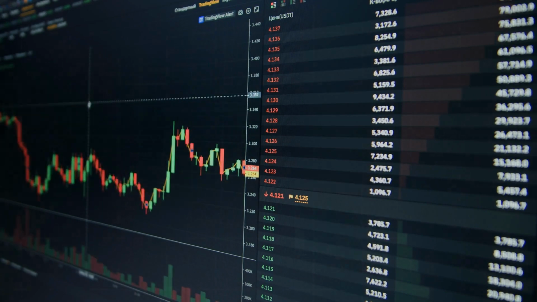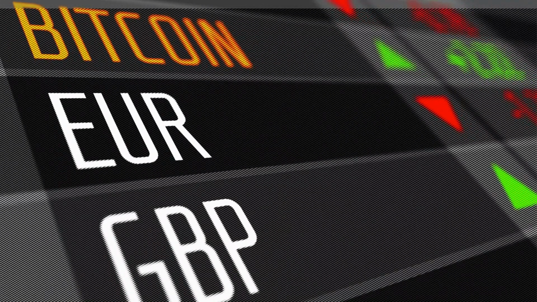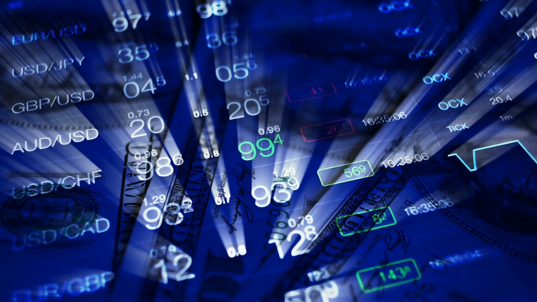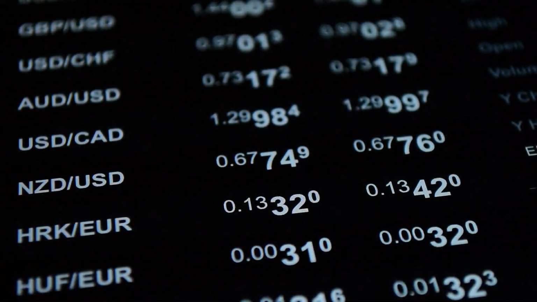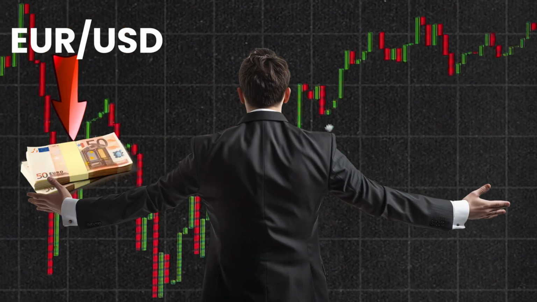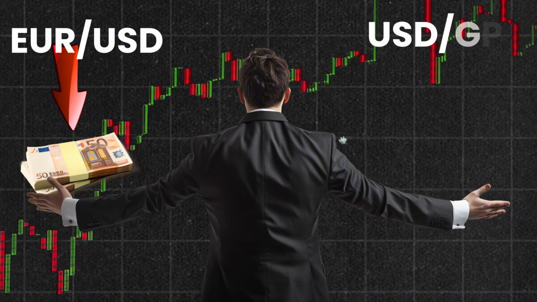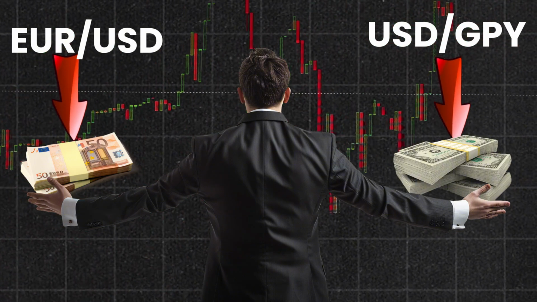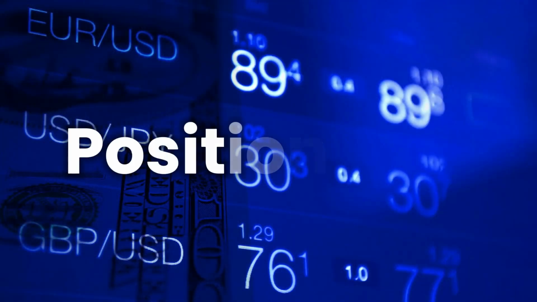Let's start with the currency pair. For most pairs, like Euro/USD or GBP/USD, the pip value is going to be based on the base currency. That's the first currency in the pair. In the case of Euro/USD, the base currency is the euro, but in some cases like USD/JPY, the base currency is the US dollar.